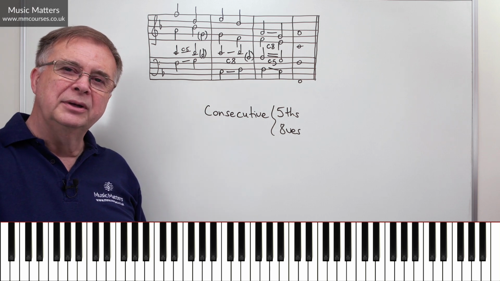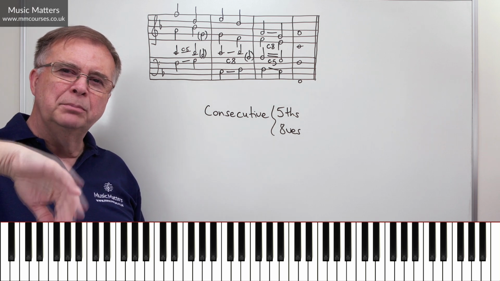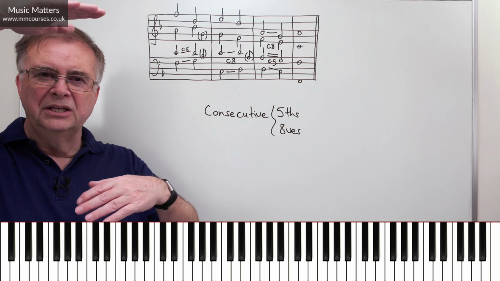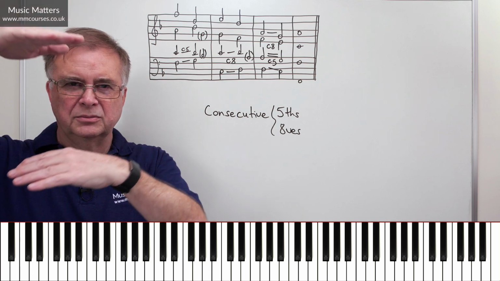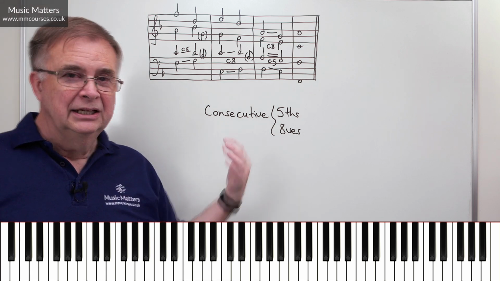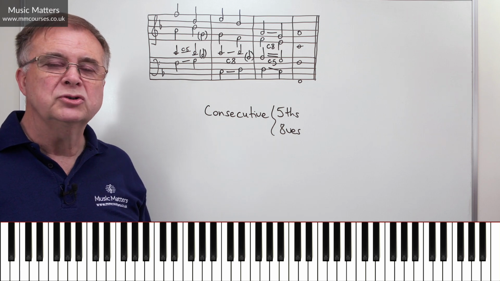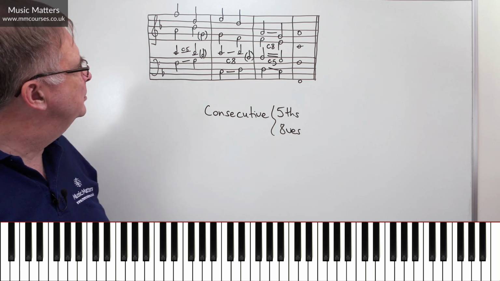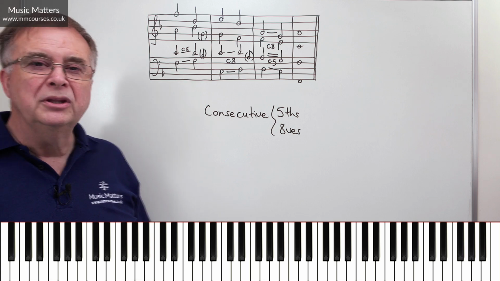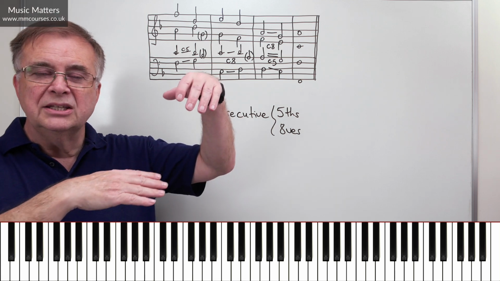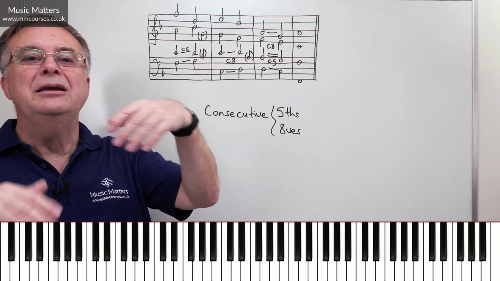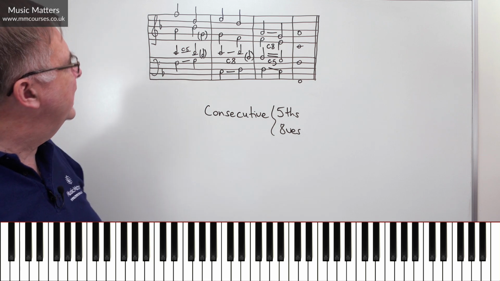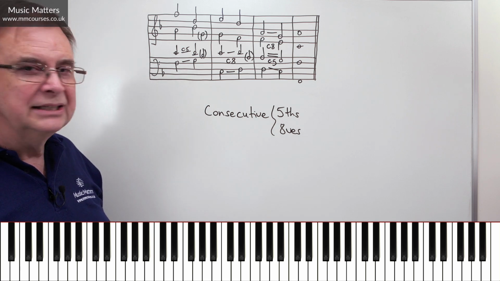So if you're harmonizing a melody, see how much the bass can move in an opposite direction. So you see the top and the bottom doing a bit of this. And if you're writing from a bass, well, the same is true if you're putting a melody on top of it. The minute you've got the top and the bottom moving in the same direction by the same interval, then be careful, because that's when you're most likely to have trouble.